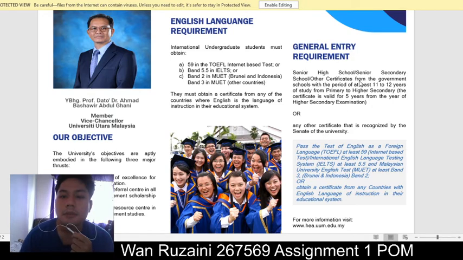They must also pass senior secondary school, at least 11 or 12 years in school. I mention the English language requirement so they know exactly what they must pass: band 5.5 for IELTS, and MUET band 2 for Brunei and Indonesia. This is the first requirement to enter UUM.